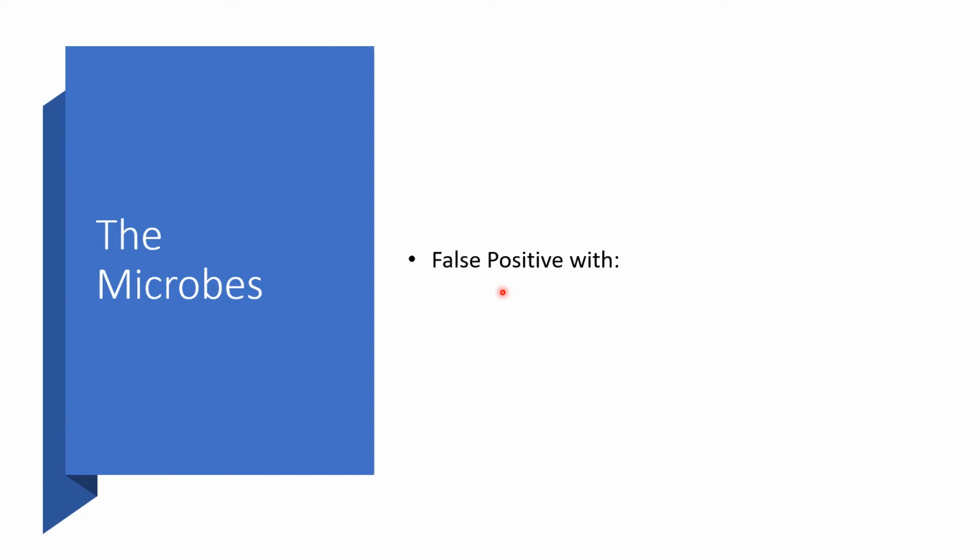False positive infective endocarditis could occur with Cutibacterium, formerly known as Propionibacterium acnes, also with Bacillus species or coagulase negative Staphylococcus, including Corynebacterium species.